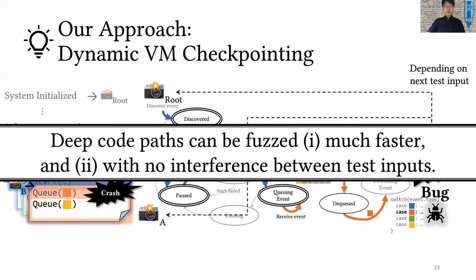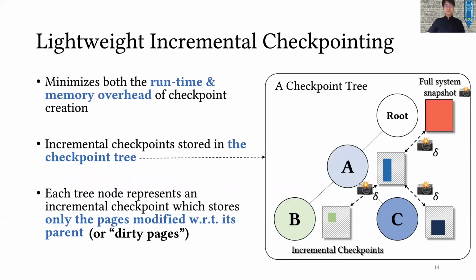Effectively creating checkpoints dynamically while executing test cases allows us to fuzz deep code paths much more efficiently and with no interference between the test cases. As we fast forward not only through repeated crashes, but also through repeatedly executed parts of test cases.